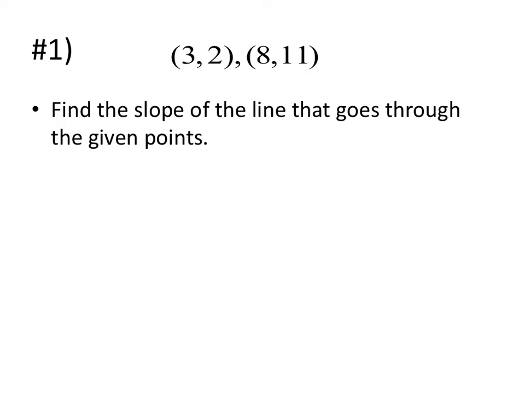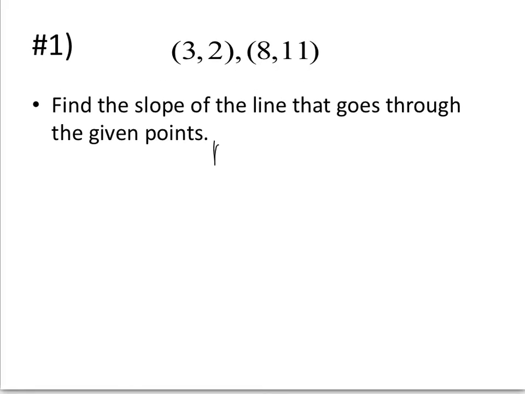We know the formula for slope of a line is m is equal to y2 minus y1 over x2 minus x1.